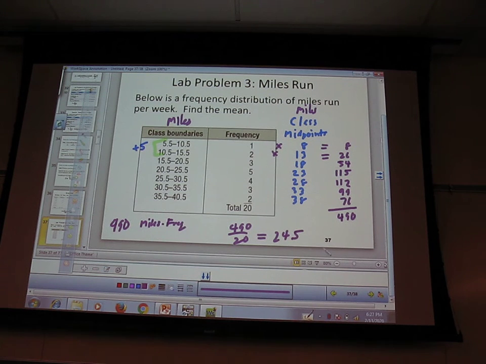What do I want, the average frequency or the average miles? Average miles. So I need to divide out the frequencies. Since my frequency is 20, I'm going to divide by 20, my frequency, so that I end up with miles at the end, average miles.